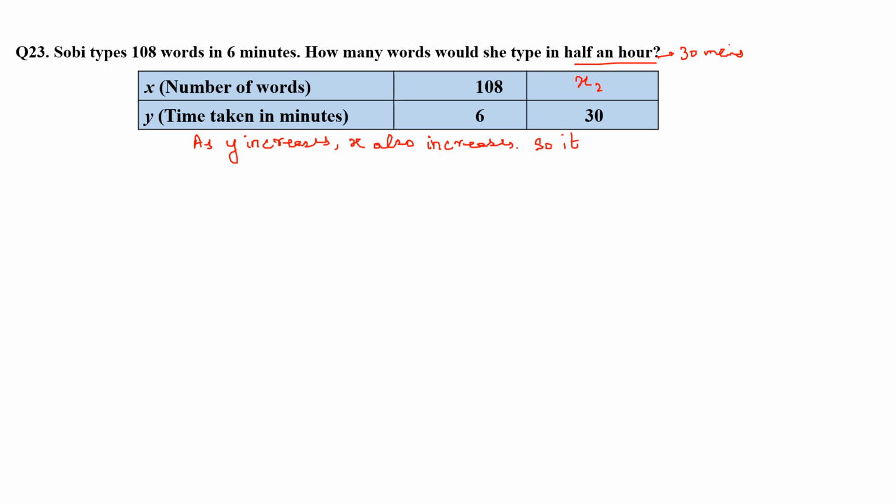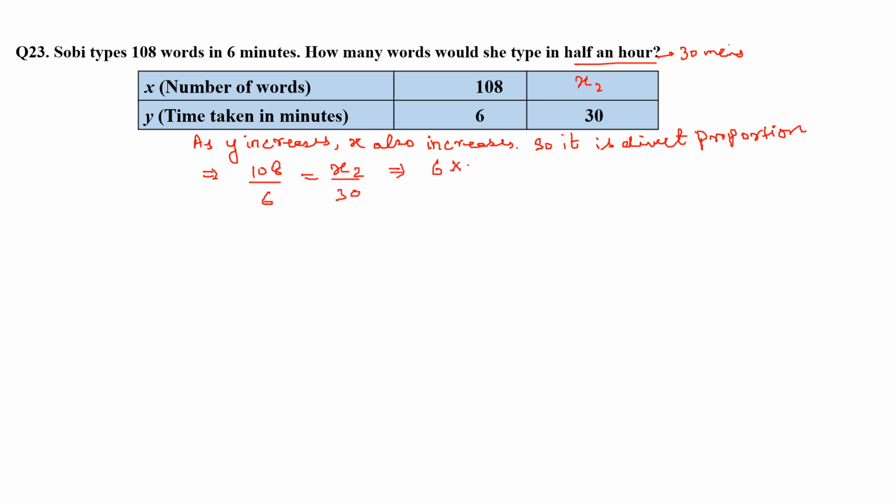And in direct proportion, what happens? The ratio of x and y is constant, right? So from there, I can find the value of x2. I can write 108 by 6, the ratio of x by y should be constant, equal to x2 by 30. Now cross multiply.